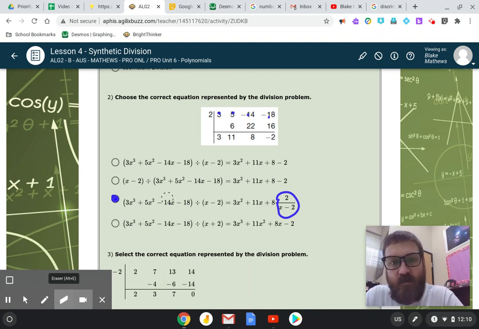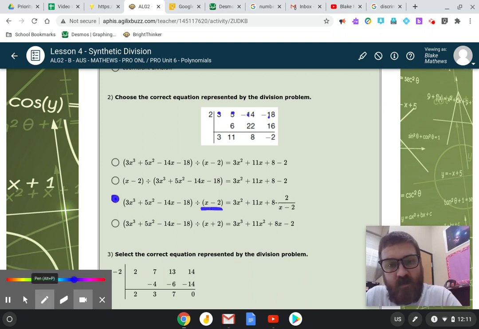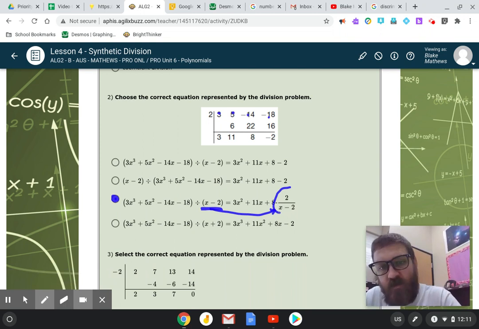And then the answer is 3x squared plus 11x plus 8 with a remainder of minus 2 over, and then we always put it over the original divisor. So this is always the denominator of the remainder.